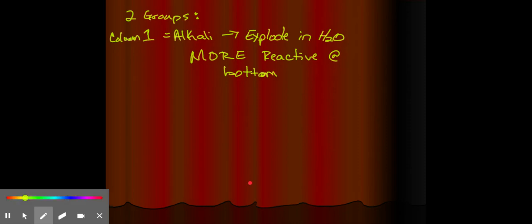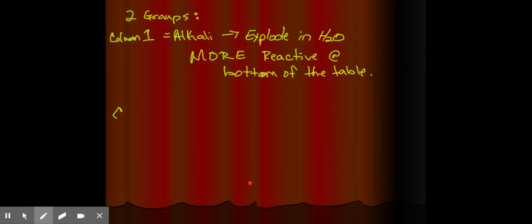Now we saw those, and probably the most memorable thing is that they are explosive in water, and that they are more reactive at the bottom of the table. Okay, those are 2 big key facts that we'll want you to remember.